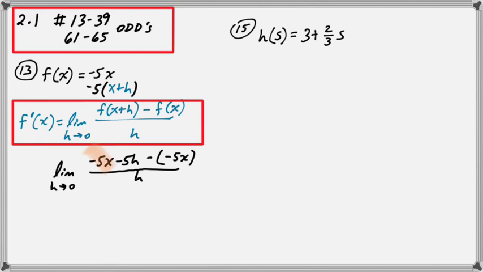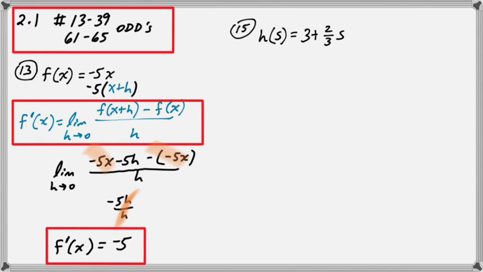I believe -5x and positive 5x add to 0. That would leave me with -5h over h. Those h's could cancel, and that would leave me with f prime of x equaling -5. Now, if there was an h to replace with a 0, I might have to do that. But there's your answer for number 13.